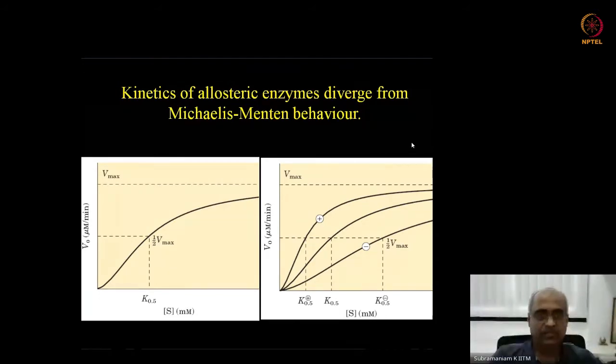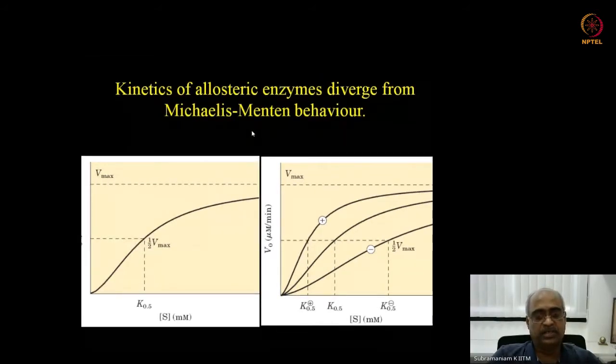So today we'll briefly look at the kinetics of allosteric enzymes, and then we'll go into other ways of regulation of enzymes. Since you have a positive cooperativity situation where binding of substrate to one of the subunits, remember allosteric enzymes are usually multi-subunit enzymes, activates binding of substrates to the active sites of other subunits as well.